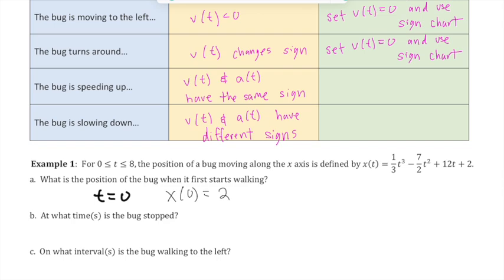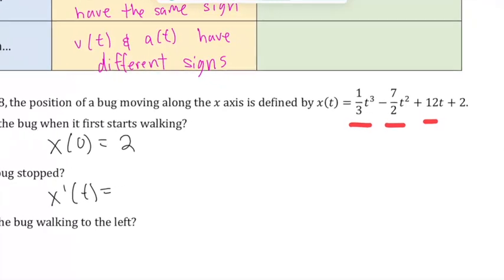So next part, at what time is the bug stopped? So you are looking for the derivative equaling 0. So let's take the derivative of the function. Again, we're going to take each of these derivatives separately. So the 3 is going to go down and multiply to the front, and then you're going to subtract 1 from the 3.